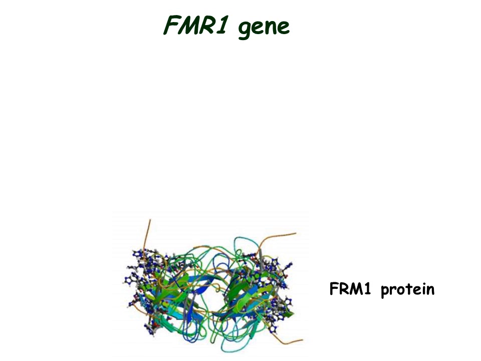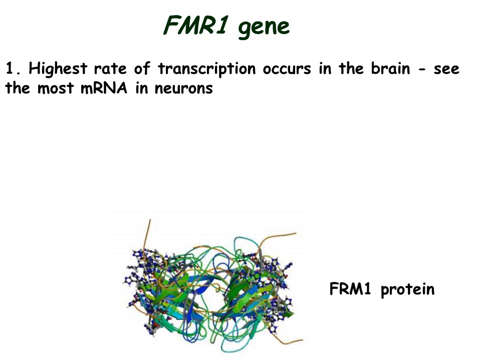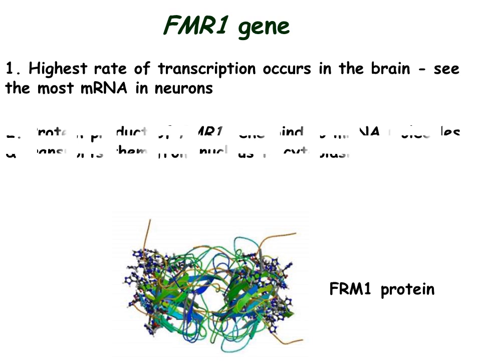What is the function of the FMR1 gene? Well, it might not surprise you to find out that the highest rate of transcription in the human body occurs in neurons. In other words, there's more messenger RNA in a neuron than any other cell type, and that only makes sense if you think about all the functions of neurons.